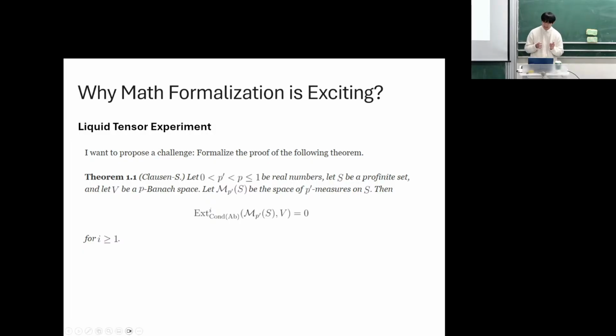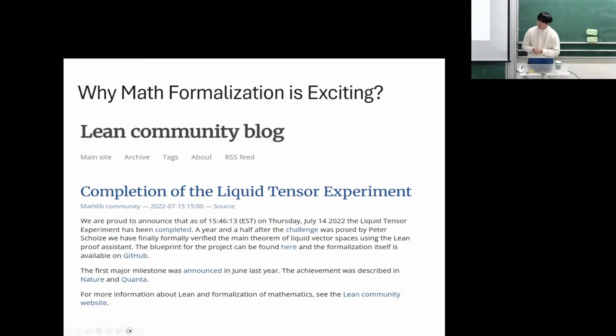Many mathematicians and Lean users joined this project, and after about 1.5 years, the entire proof was fully verified in Lean. This example shows that formalization can be helpful when mathematical arguments become very complex and hard to check carefully by hand.